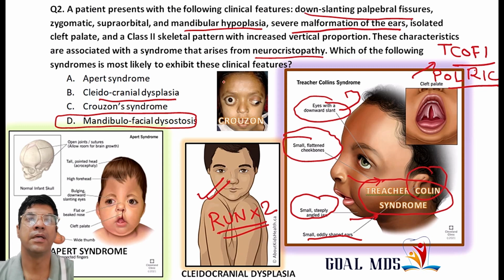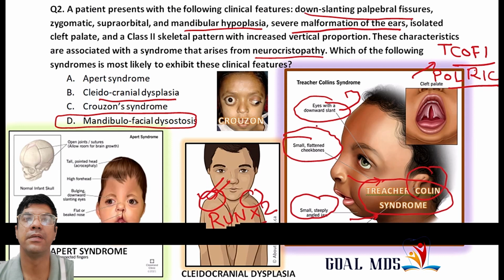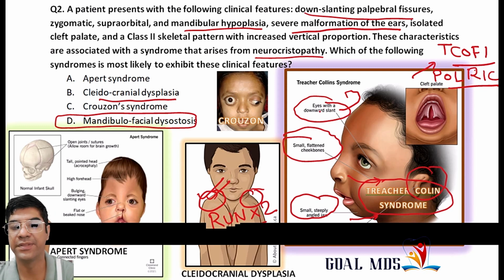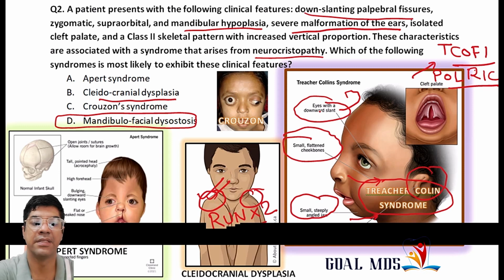In cleidocranial dysplasia you will see an absent collarbone. So this collarbone here is absent. There will be delayed or absent closure of fontanelles on the skull, and short stature. These are the features.